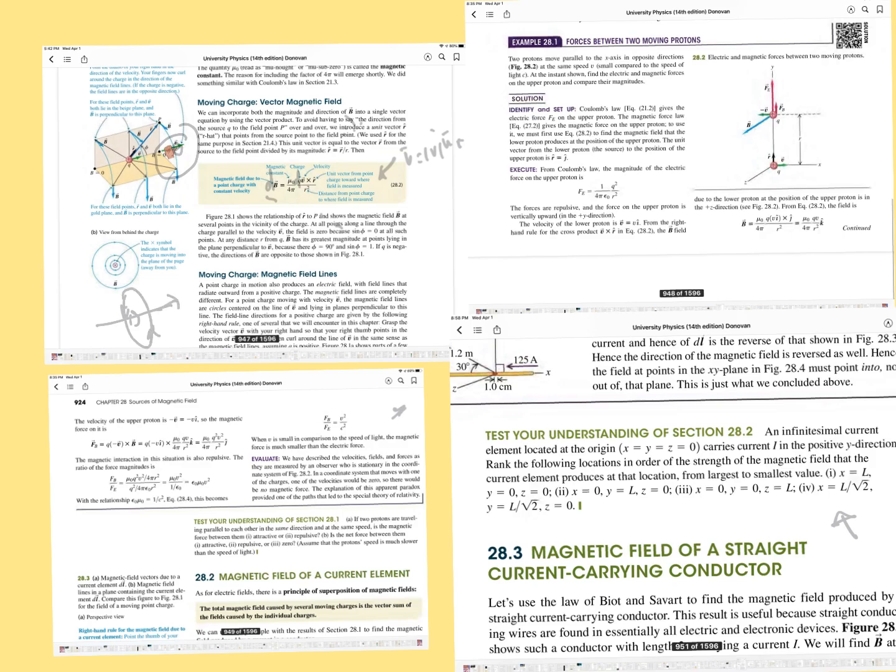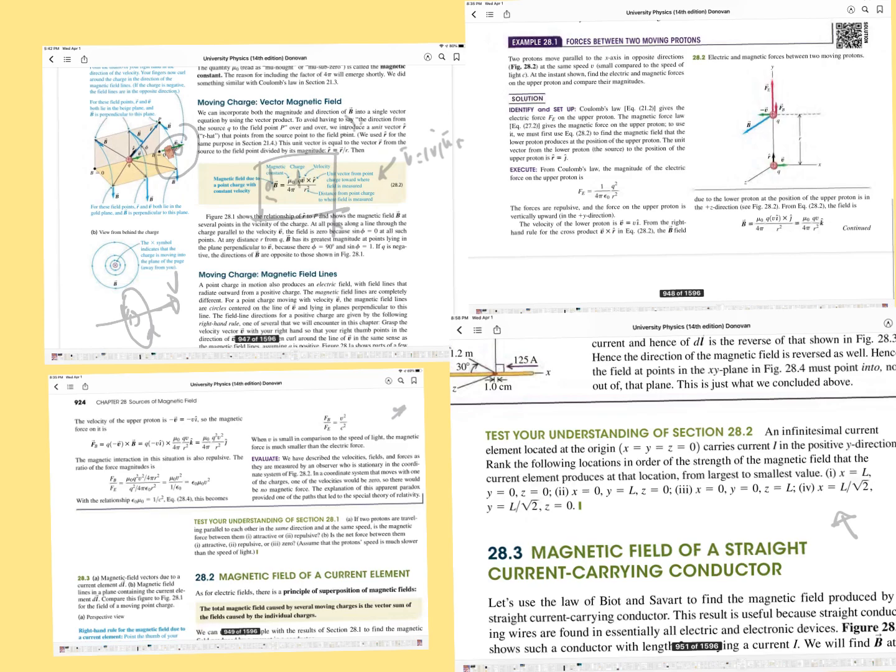You see, this is the velocity. You put your hand like in the picture, and the fingers of your hand will tell you how the magnetic field goes. But you can also use this equation to calculate the direction of the field.